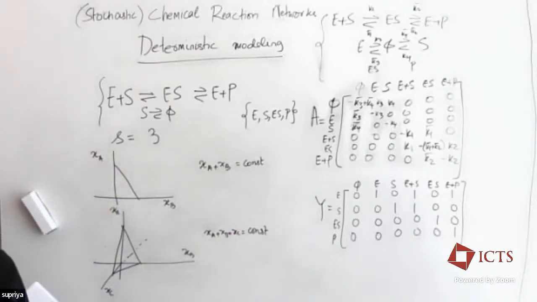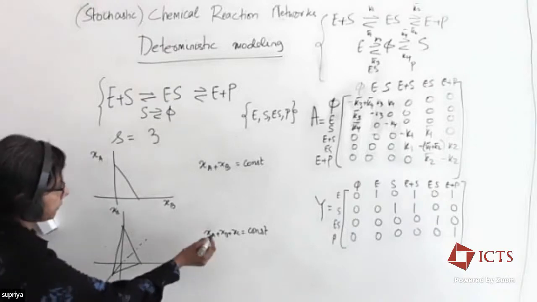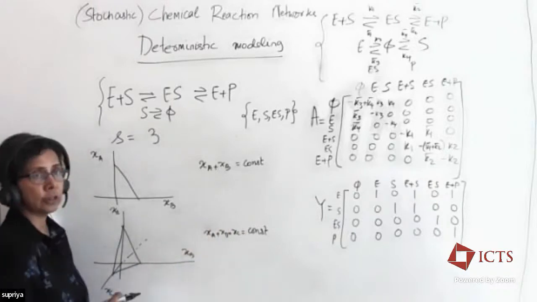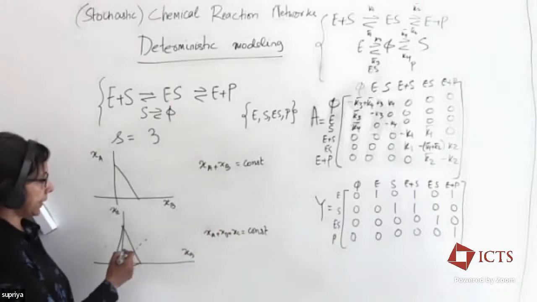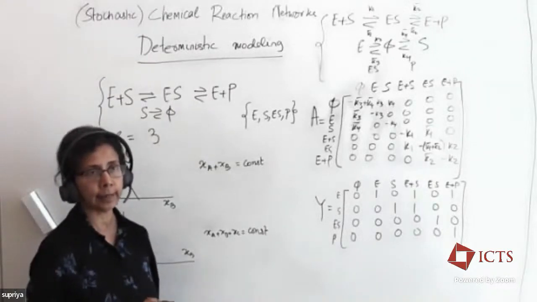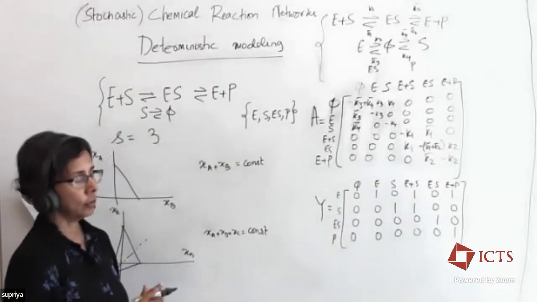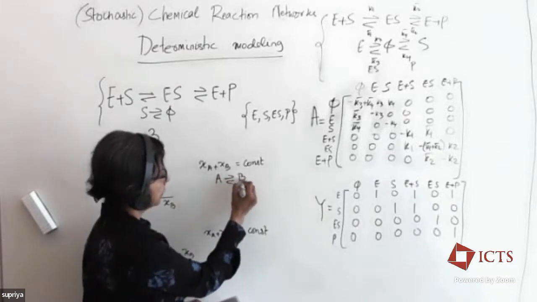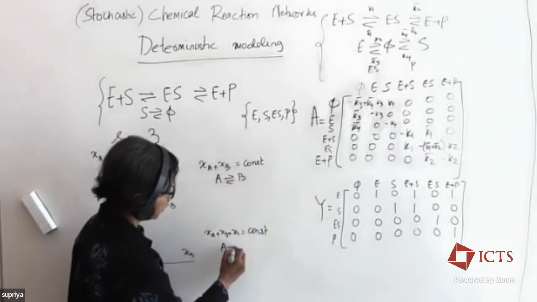Yeah. So if I am constrained by some conservation law like that, then I am forced to remain in that plane. So just pictorially what it means. This could be a chemical reaction that goes like this. This could be a chemical reaction that goes like this.